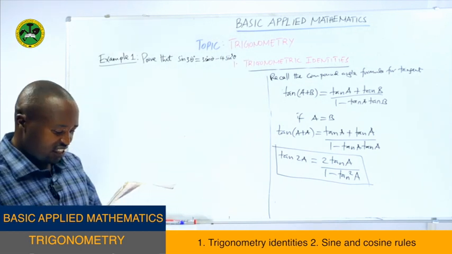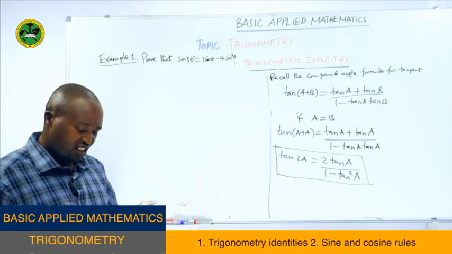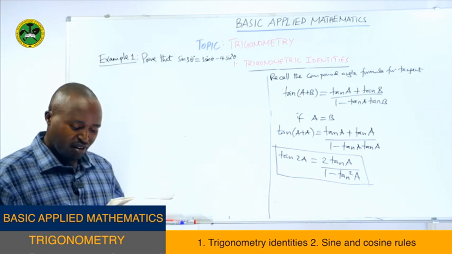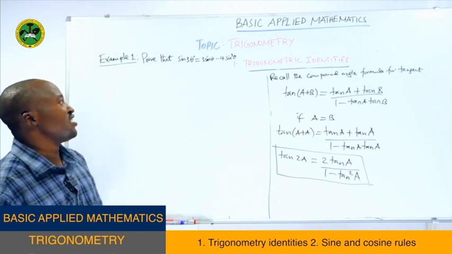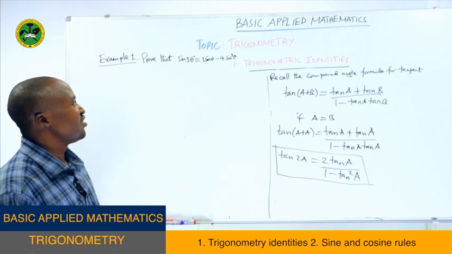Prove that sine 3 theta is equal to 3 sine theta minus 4 sine cubic theta.